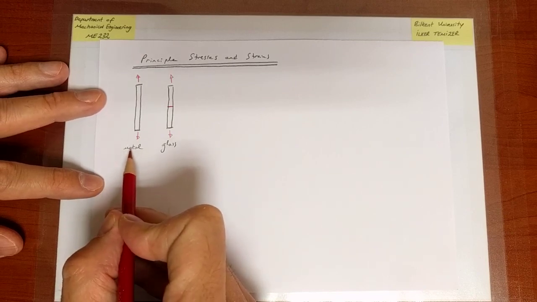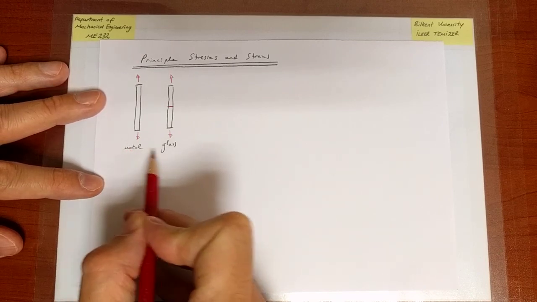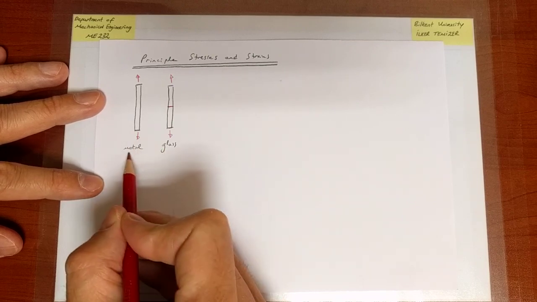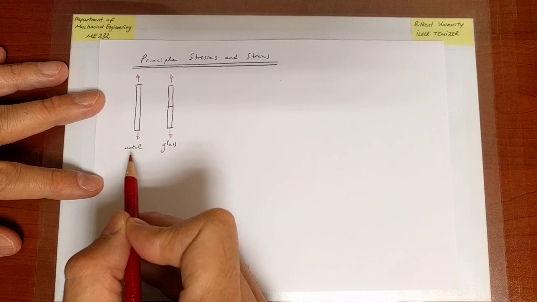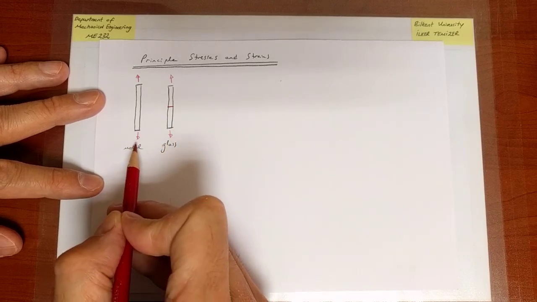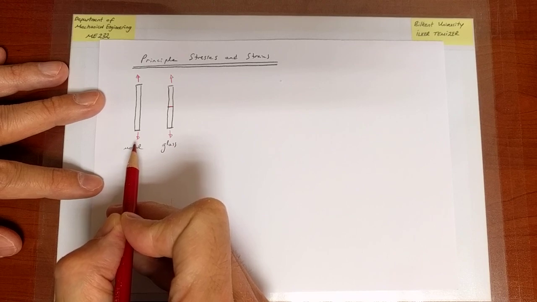Now for metal, again, our failure criteria will be similar. It's going to be, again, the limit to the elastic zone when something happens. But it doesn't break like glass. What's going to happen is it's going to start yielding.